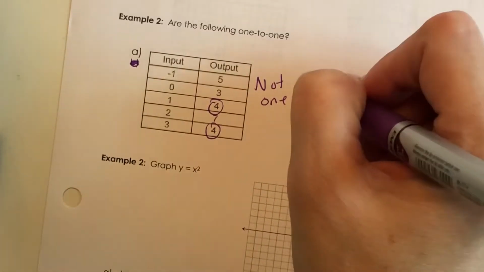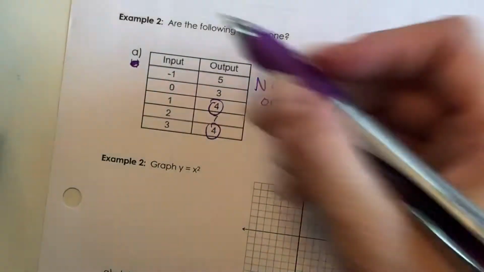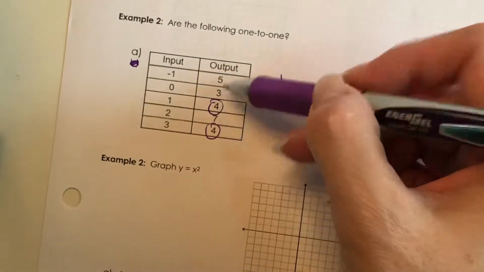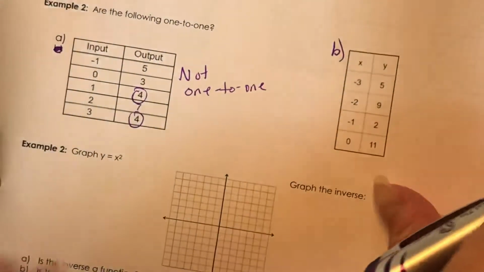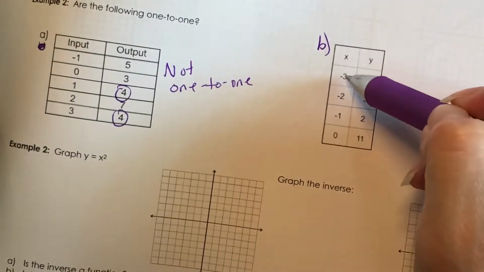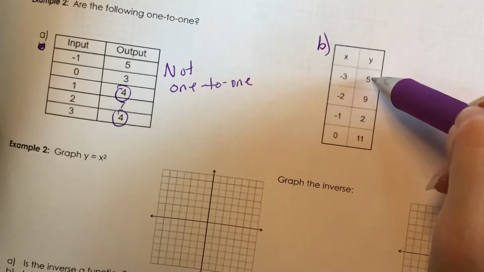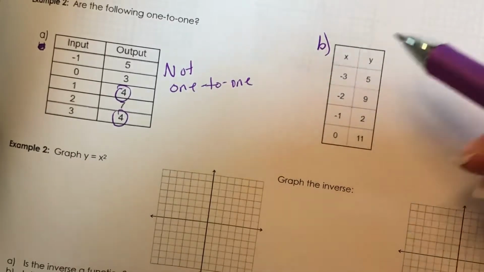So you can think of a one-to-one function as being a function forward and backwards. So if you did it over here, all the y's should be matched with exactly one x. In part B, I'm looking at the x's. Each x is matched with one y. I do not see a repeated x in my x column.